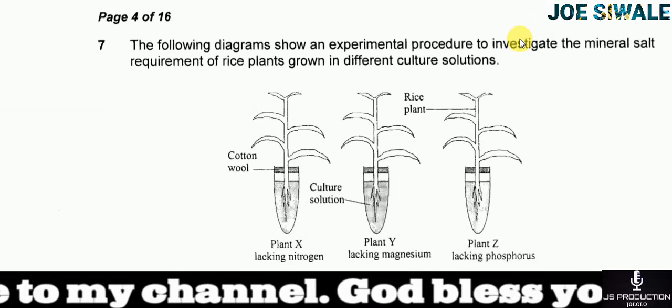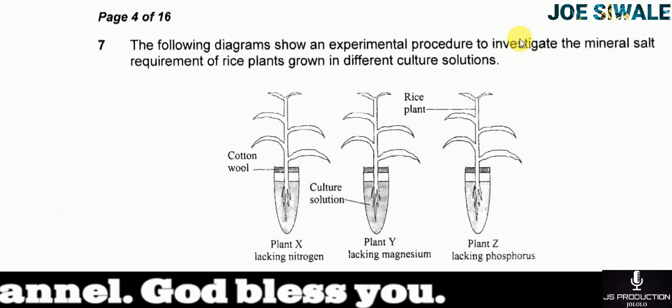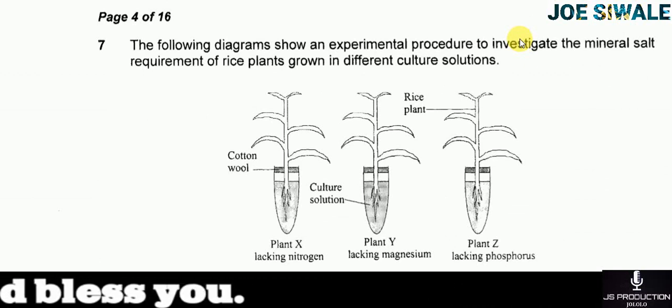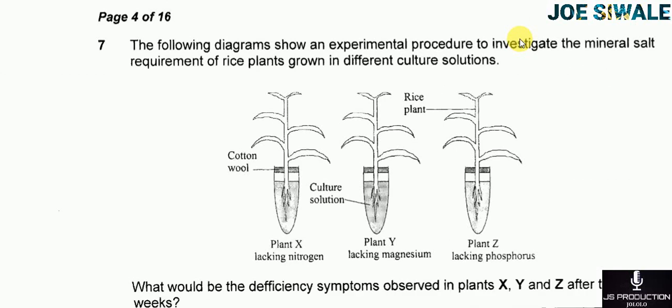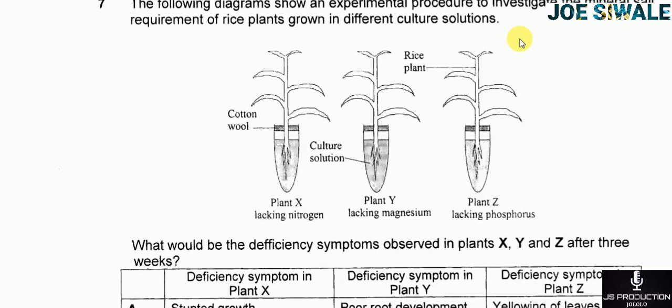Question 7 reads, the following diagram shows an experimental procedure to investigate the mineral salt requirements of rice plants grown in different culture solutions. So I have plant X lacking nitrogen, plant Y lacking magnesium, plant Z lacking phosphorus. Nitrogen is used in the production of proteins, and the absence of nitrogen will mean the plant will not grow.